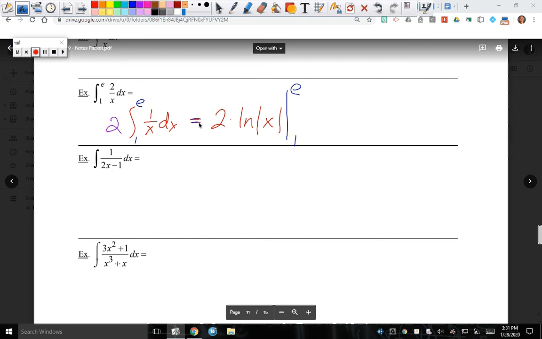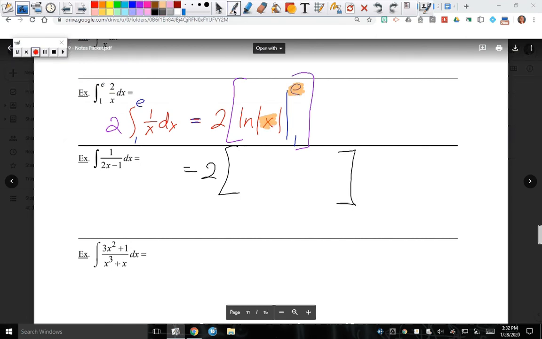So, looking at this, I would constant multiple rule that 2 out. And I'm basically going to ask myself 2 times whatever the answer is to this piece right here. So let's plug in our upper bound of b and find f of b.